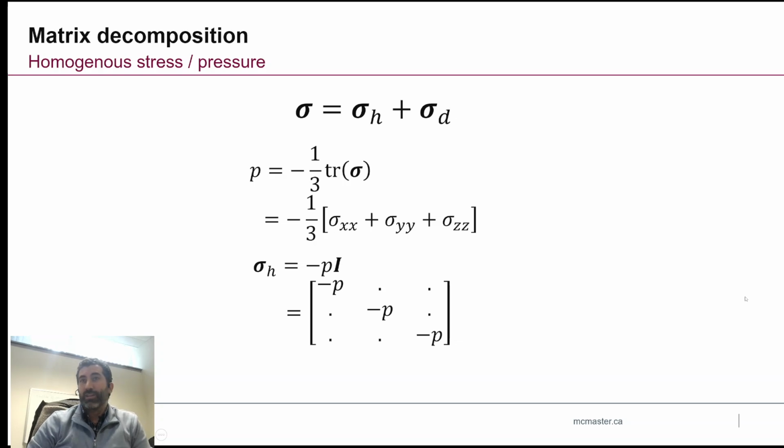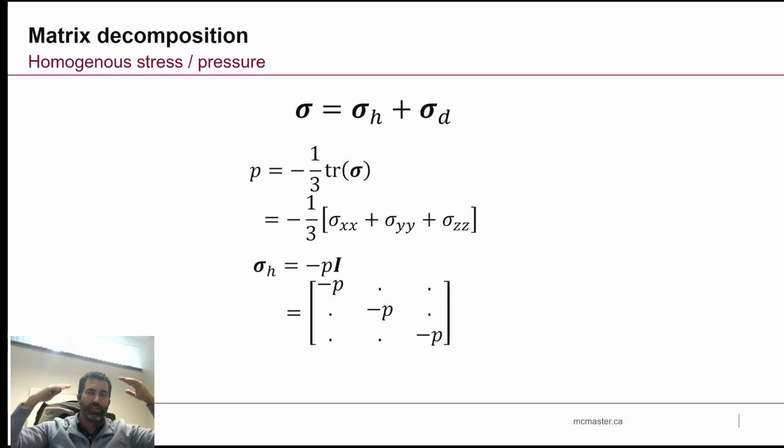It turns out we can do the same thing with stress, and this is particularly useful. For historical reasons, this scalar variable that describes our homogeneous part is identically the pressure. The only problem with that is that stress is defined as being positive when it's pushing out. Pressure is defined by convention to be positive when it's pushing in.